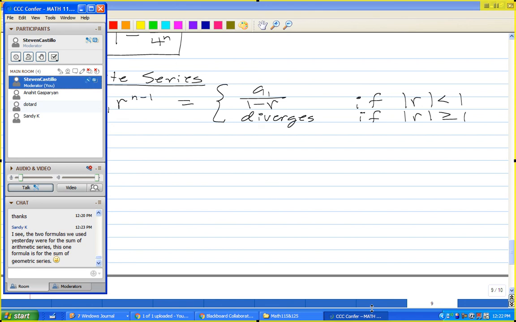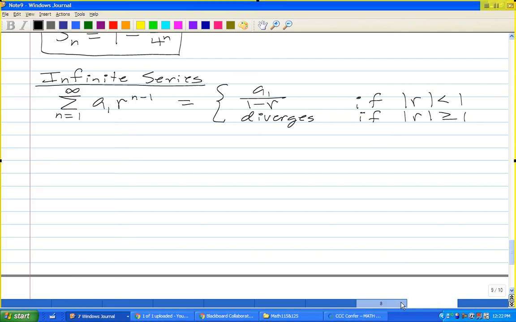Oh, okay. So if I look at, say, this 1 over 2 to the n, and look as n gets large, notice that this is 1 over something very big.